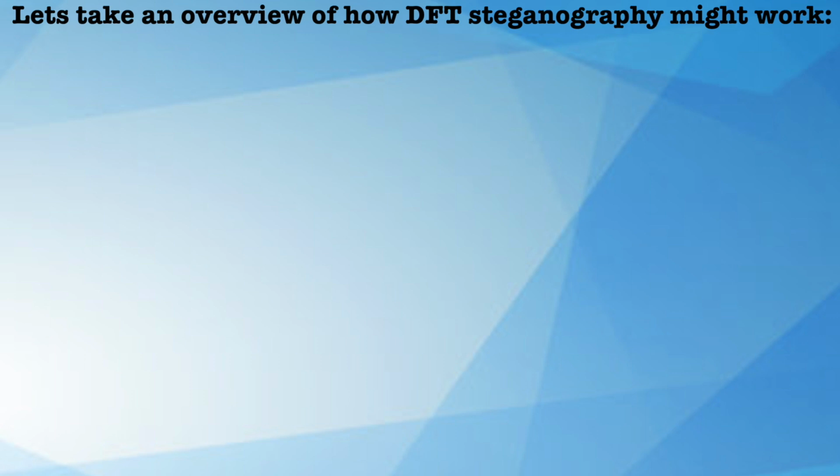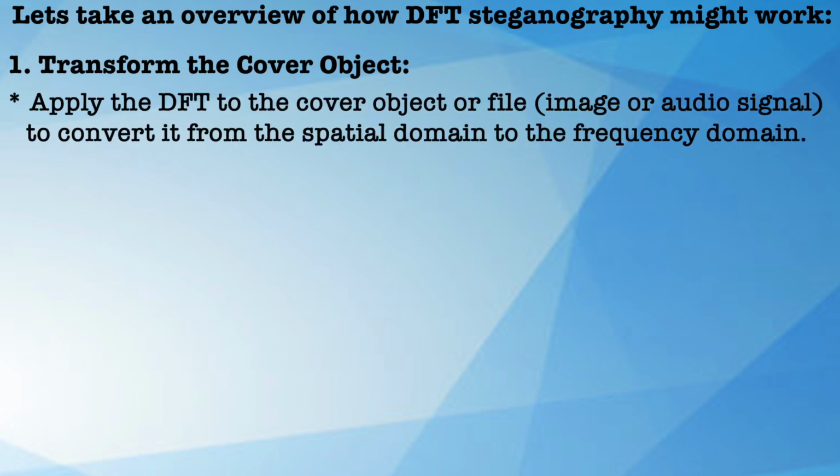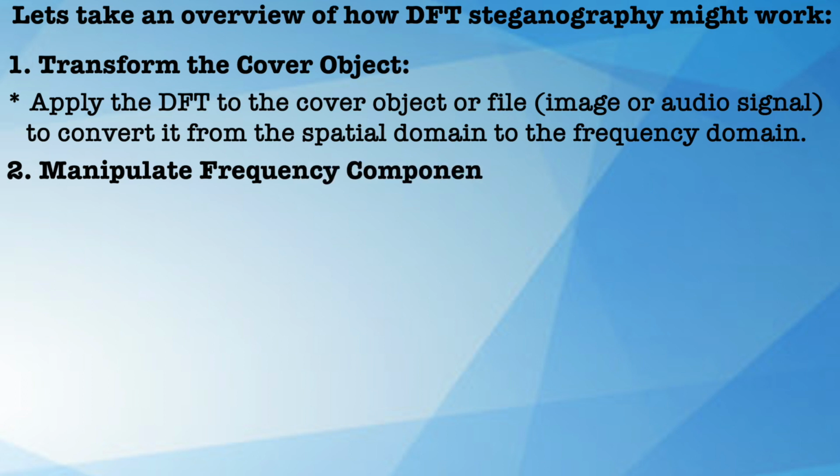Step 1, transform the cover object. Apply the DFT to the cover object or file, an image or an audio signal, to convert it from its spatial domain to the frequency domain. The second step, manipulate frequency components.